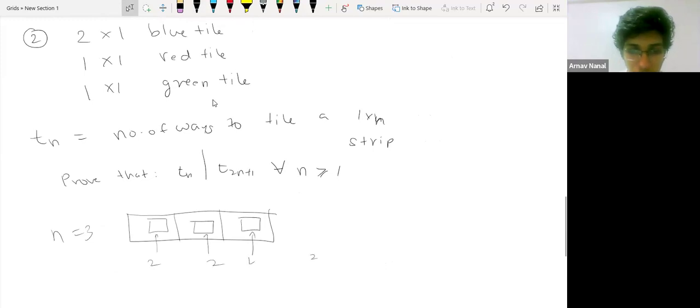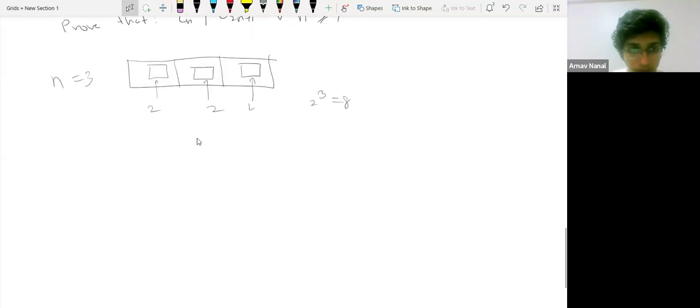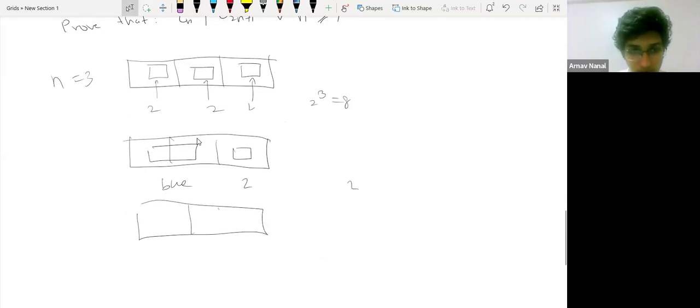So you get 2 cubed, equal to 8. And then also you can do a blue tile of size 2 and a 1. So this is of course blue, and this has 2 choices. Or you can do it the other way around. This is 2, so this is sort of 10. Oh, sorry, 12 in addition.